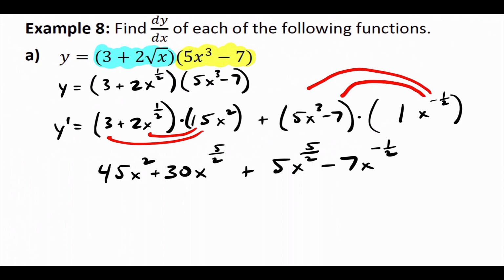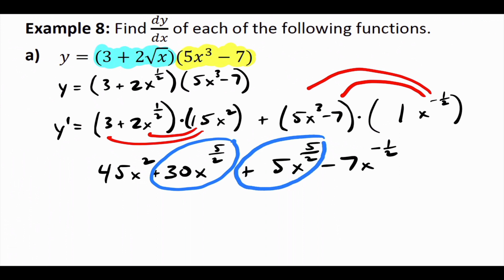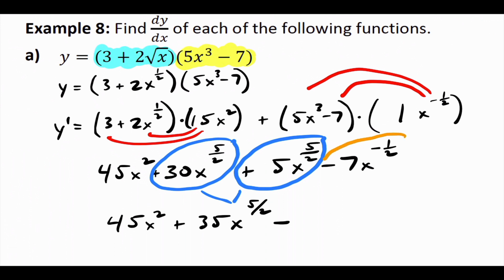I have some like terms. So I get 45x squared plus 35x to the 5/2 power. This guy over here doesn't have a like term, but I'm going to get rid of the negative.